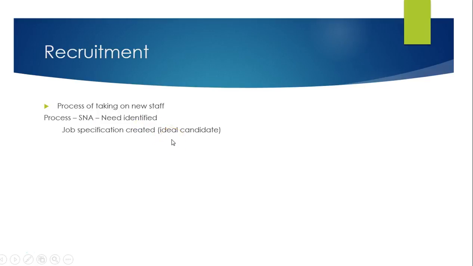From that point of view, there's a number of different steps required to complete the recruitment process effectively, should we say. So a job specification is created, and this is a document that outlines who is the ideal candidate that you're looking for.